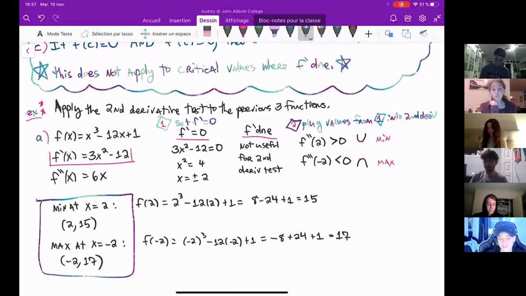And we got those max and min without having to do the table of values with the first derivative. We just had to plug into the second derivative. And so this just gave me another way of figuring out whether my critical values are max or min. Is it making sense? Are there any questions about this?